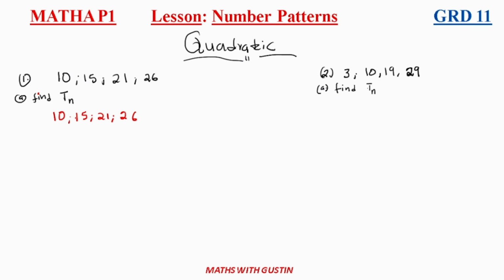All right, so let's go here: 15 minus 10 is going to give us 5, and therefore 21 minus 15 is going to give us 6, and therefore 26 minus 21 gives us 5.